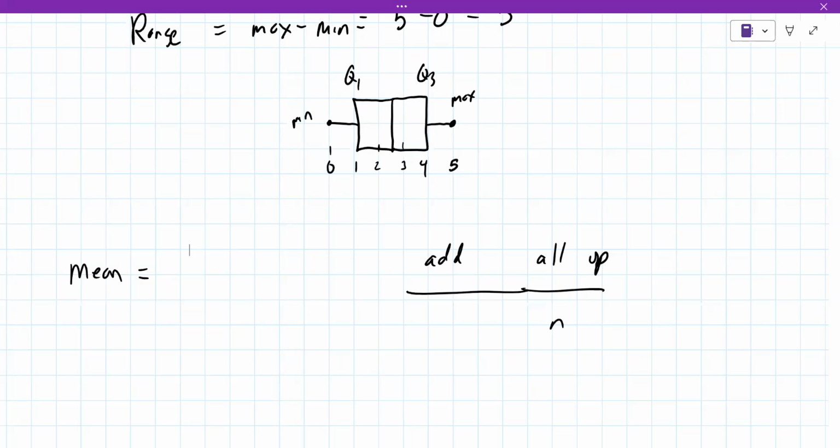It ends up being 25 over 10, which is 2.5. The mean can equal the median. That's okay.